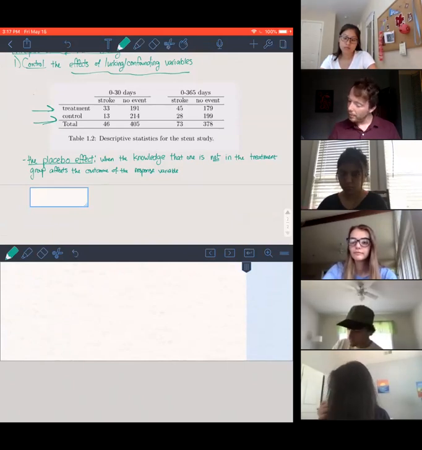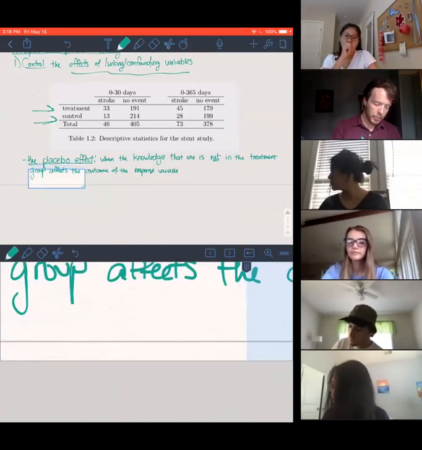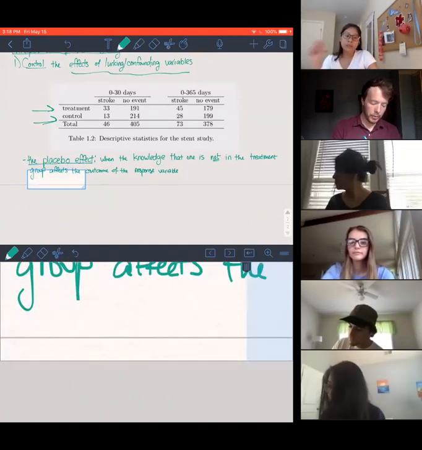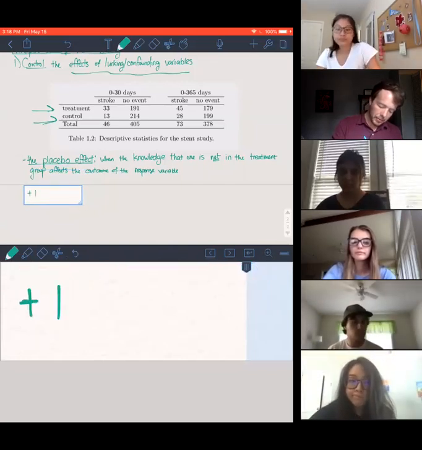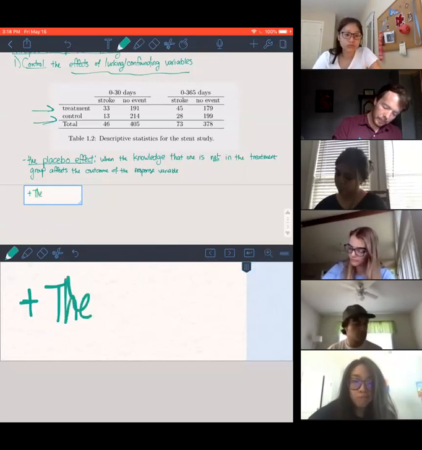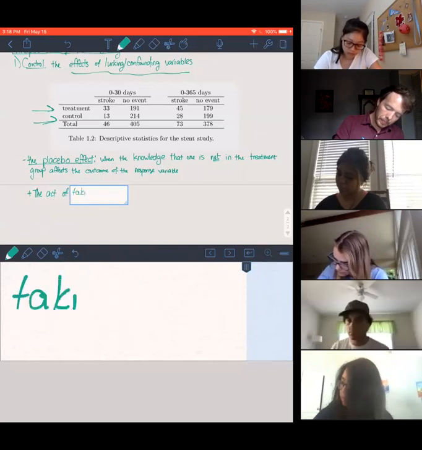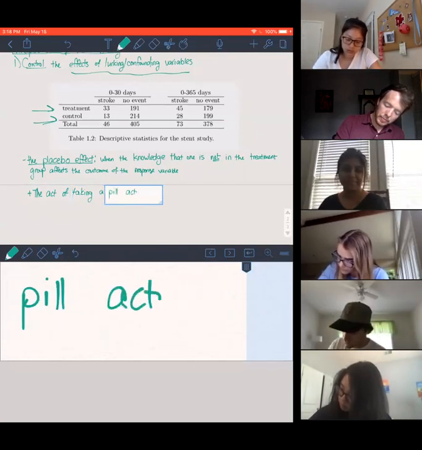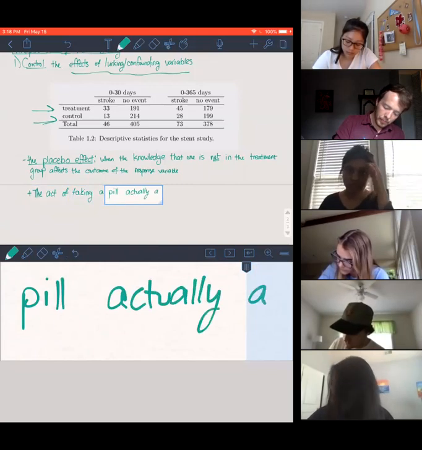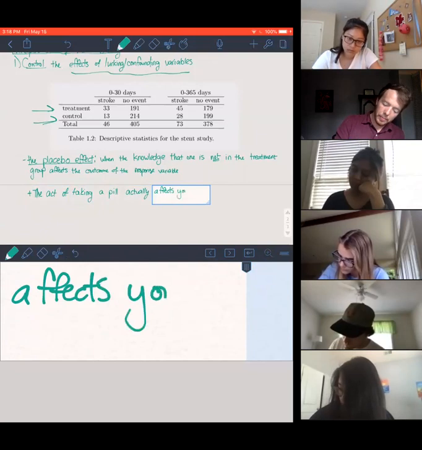And I think the example you think about whenever you think of a placebo effect is when the act of taking a pill actually affects your physical health.